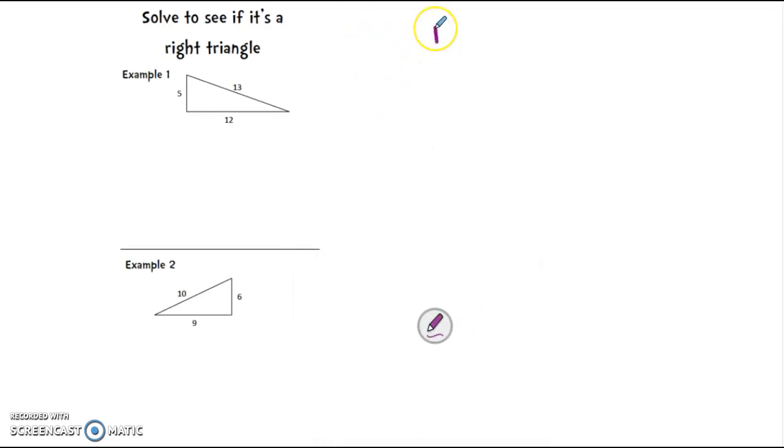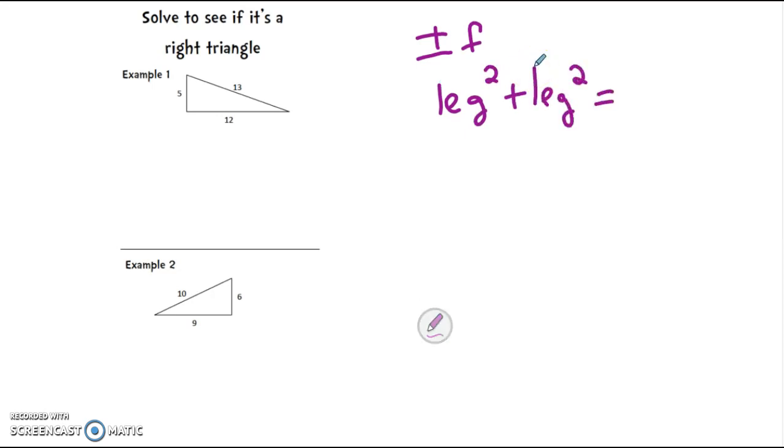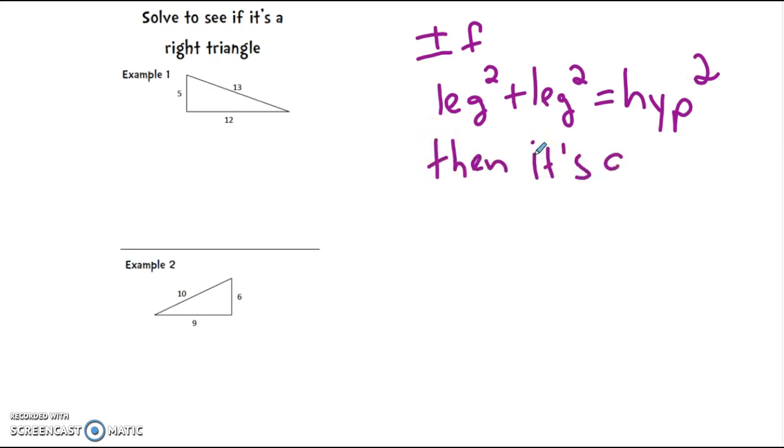Basically, if the leg squared plus the leg squared equals what we consider the hypotenuse squared, then it's a right triangle. So I probably wouldn't actually say leg, because if it's not a right triangle, we can't call it a leg.